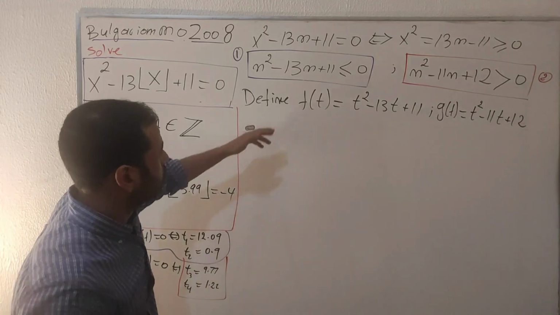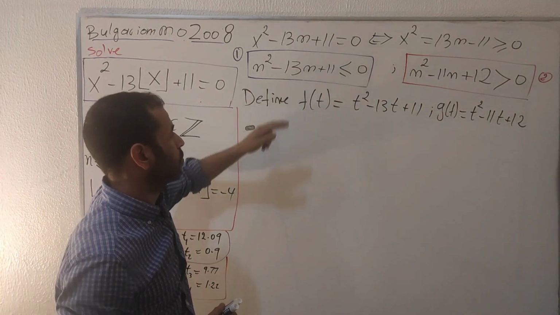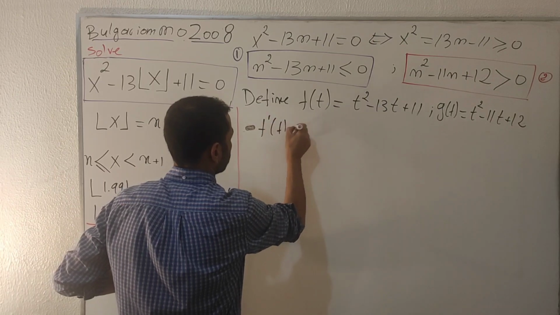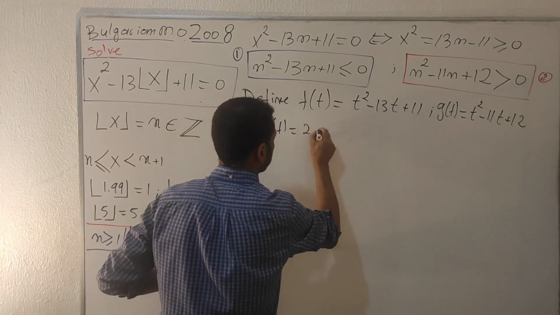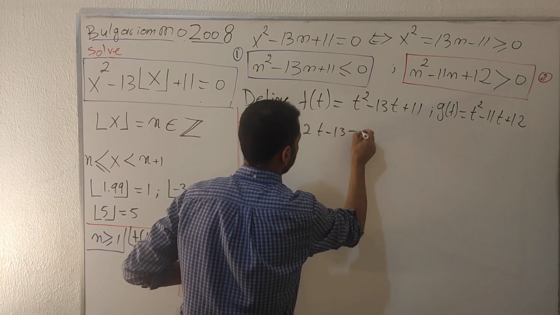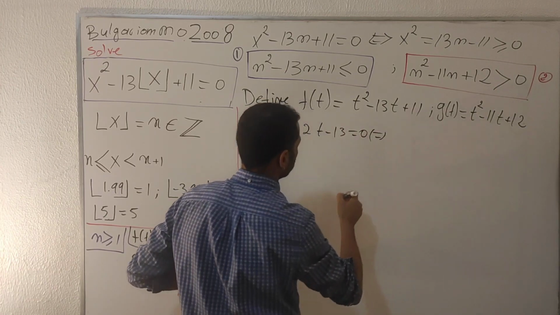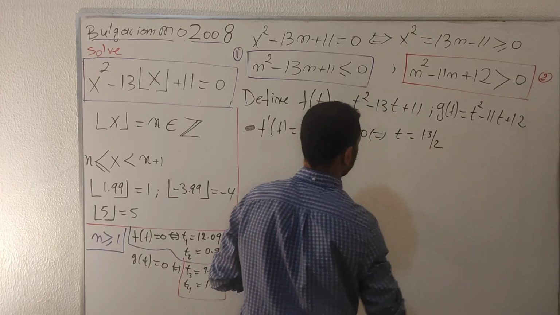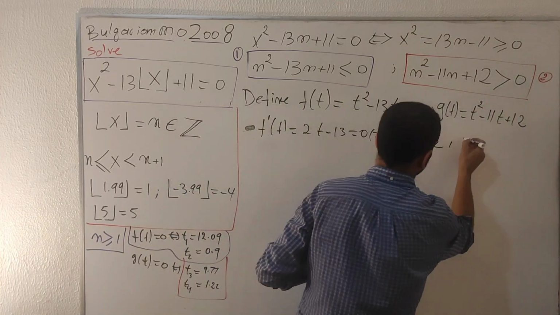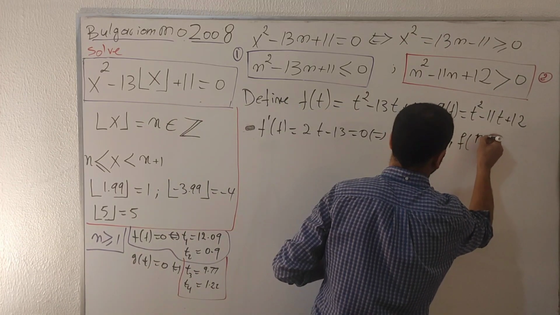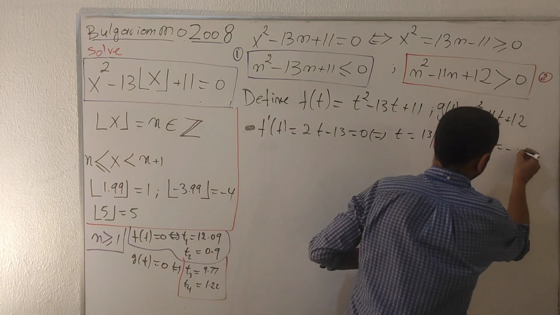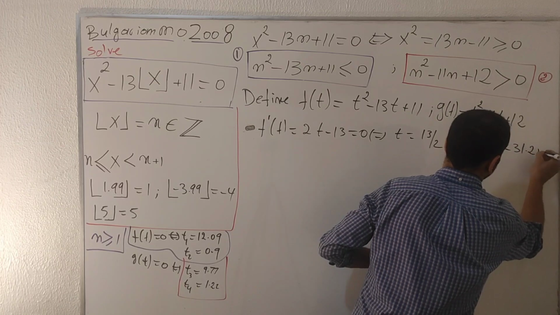So before I go to the graph, I'm going to calculate the first derivative function of this one. As we know, f prime of t, the first derivative function, is giving us 2t minus 13. If I solve this equation, I get t equals 13 over 2. So I'm going to calculate f of 13 over 2, which is giving us minus 31.25.